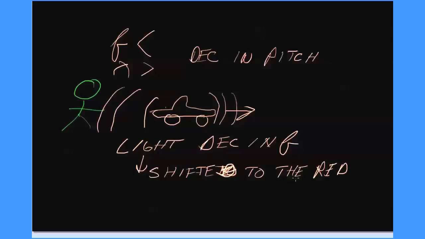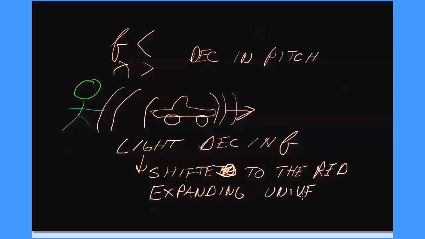So when things are moving away, such as stars or galaxies, their light is shifted to the red side. And that's the whole idea of an expanding universe.